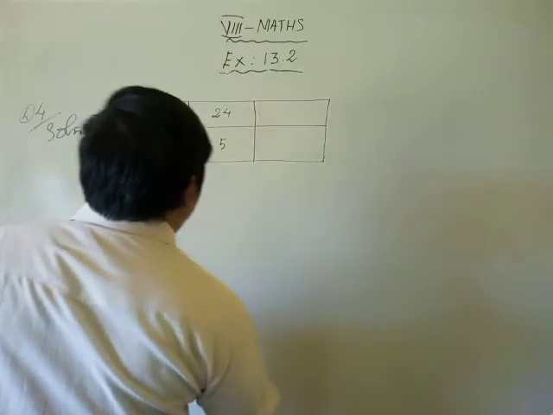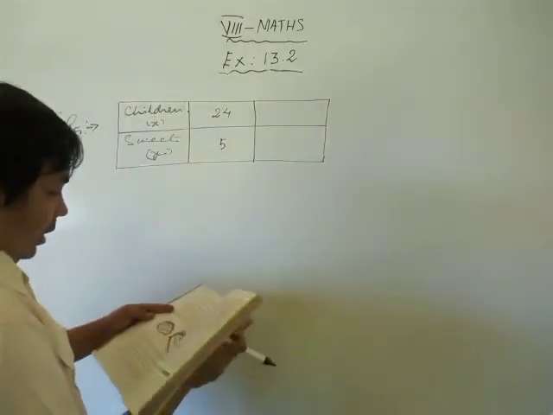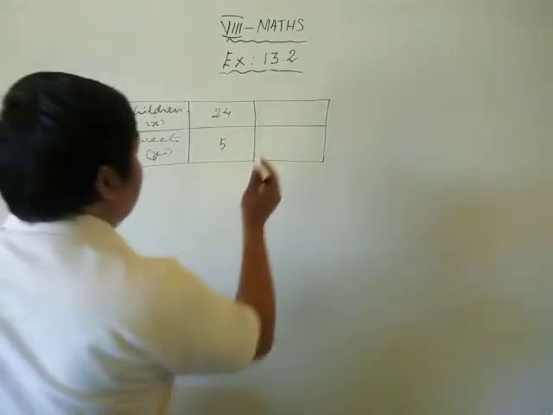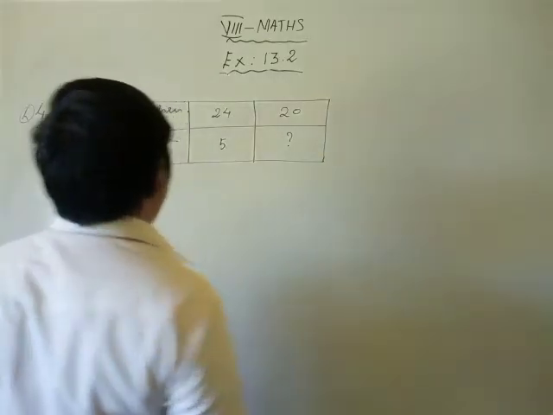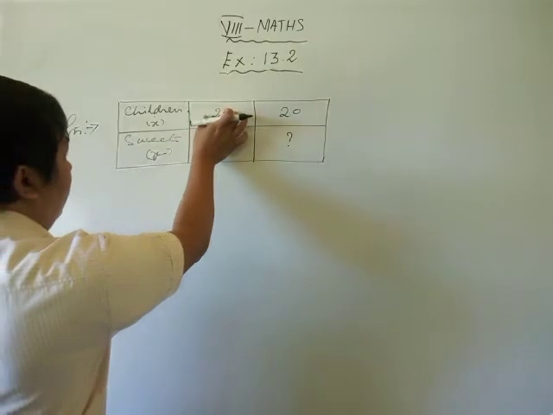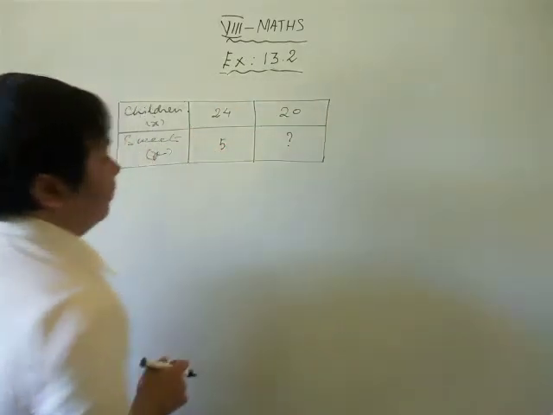If it is 20 students, what will be the number of sweets for everyone? 24 students, 5 sweets. If 20, then how many? Let us see.